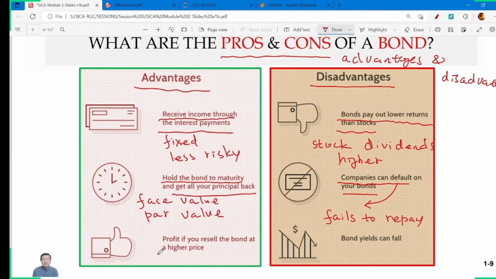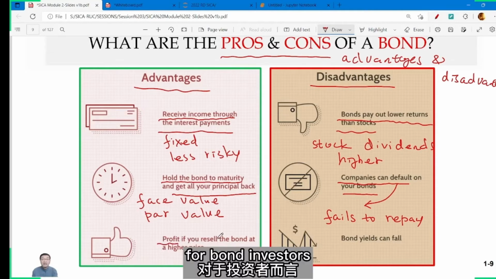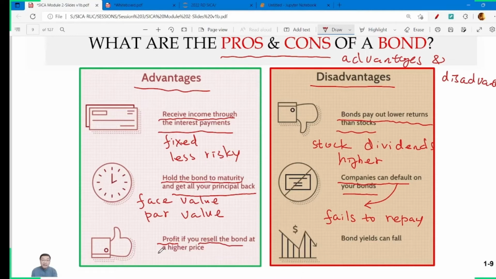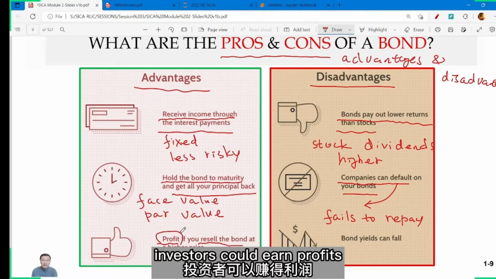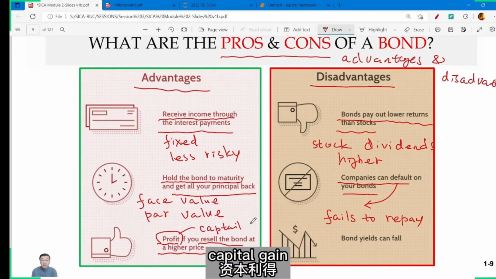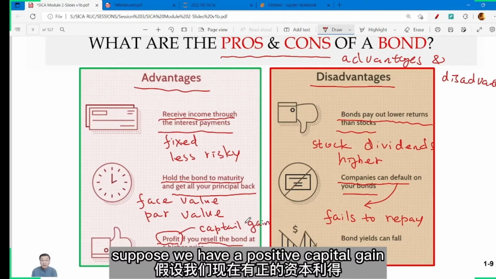Third point: for bond investors, if they resell the bond at a higher price in the market, investors could earn profits. So this is called capital gain, supposing we have a positive capital gain.